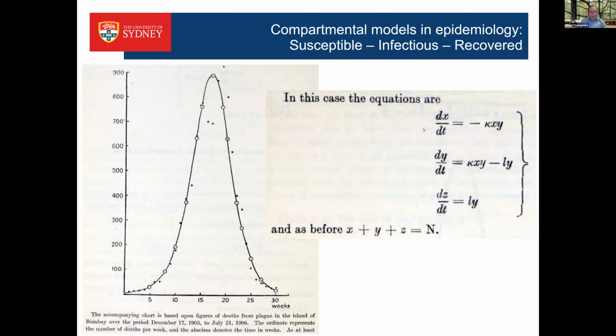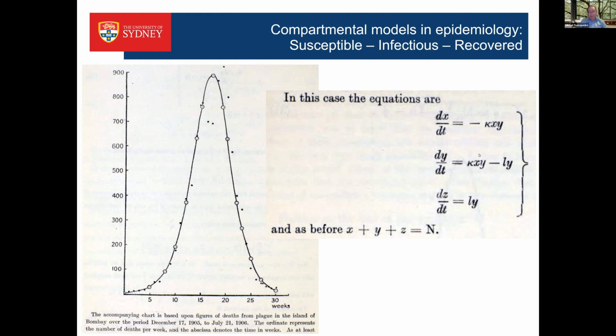I'm sure you're familiar with it, but just to remind you that the number of susceptible population reduces given the interactions between susceptible and infectious, XY, in proportion to this number with the transmission probability kappa. This compartment reduces, and the number of infectious people grows with the same kappa.